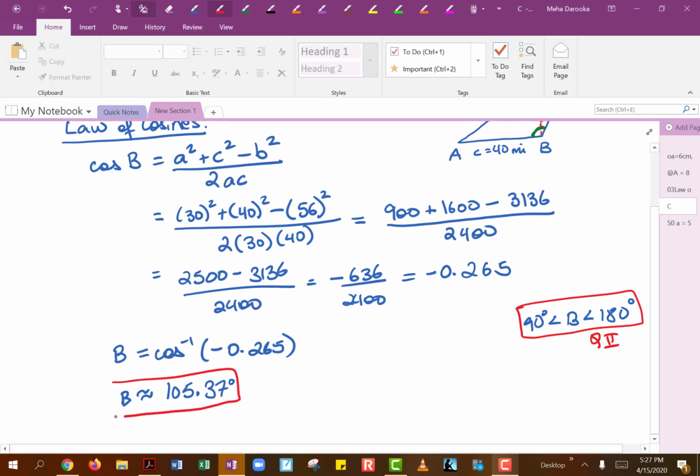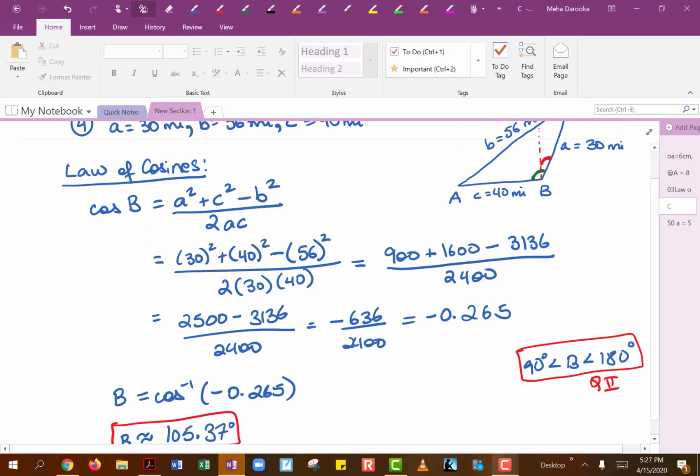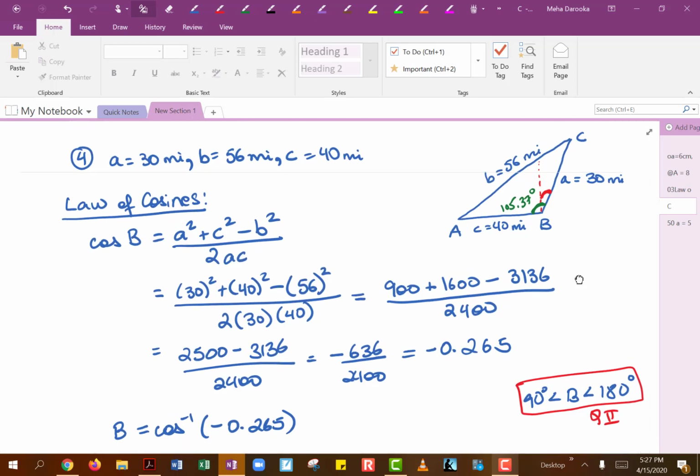So this is angle B for our triangle ABC. It's this bigger angle here, which is 105.37 degrees. So how do you think we can find the angle for the bearing from point B to point C?